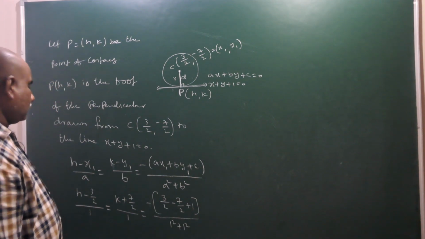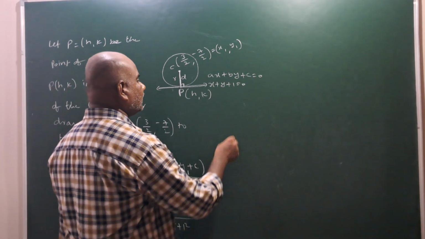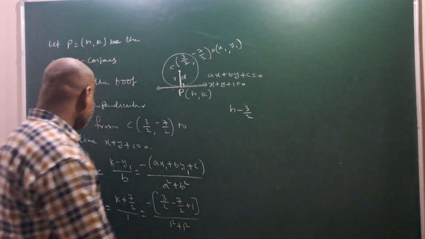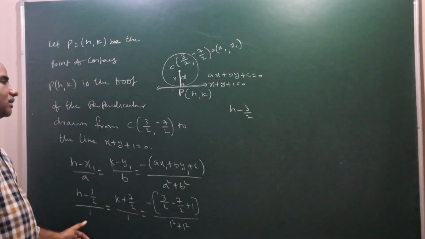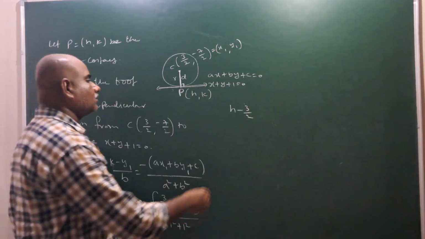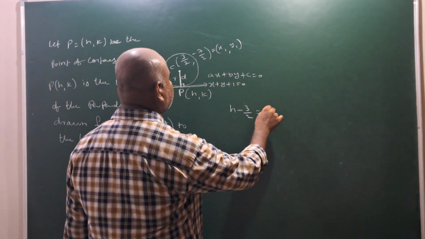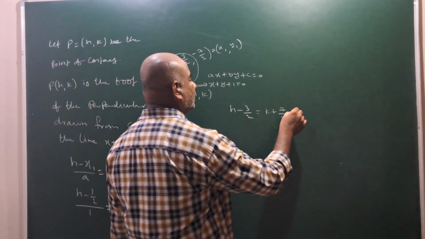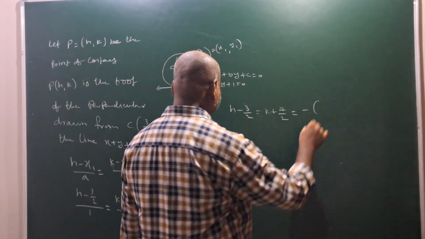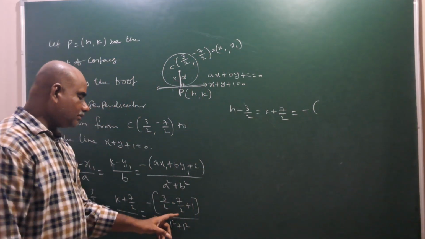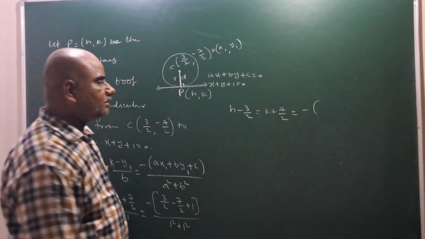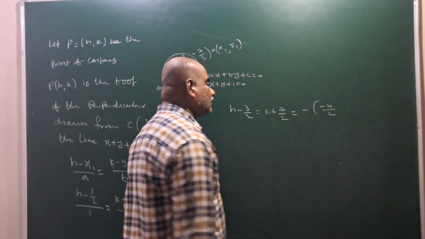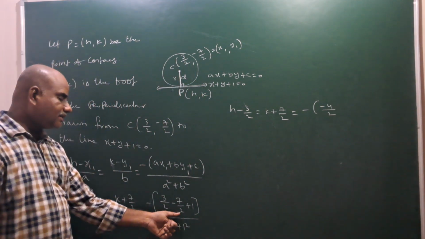So let us say this: (h - 3/2)/1, which is nothing but h - 3/2, is equal to (k + 7/2)/1, which is equal to k + 7/2, and that is equal to minus of (3/2 - 7/2) plus 1. Take the LCM here, 2 is the LCM, as both have the same denominator.